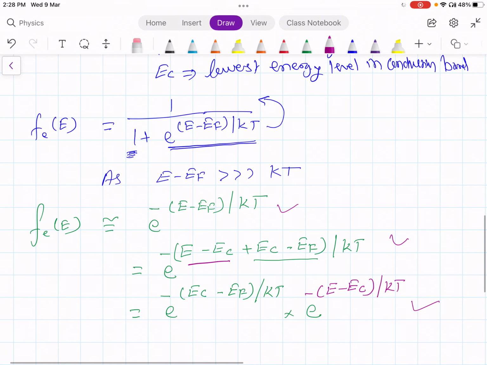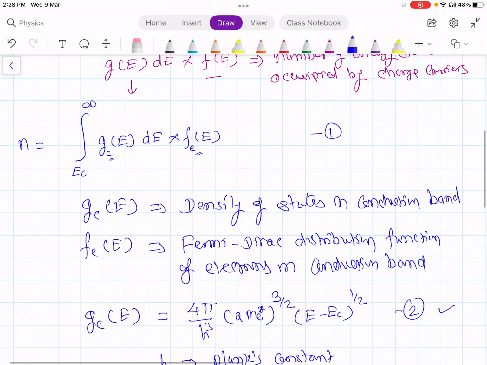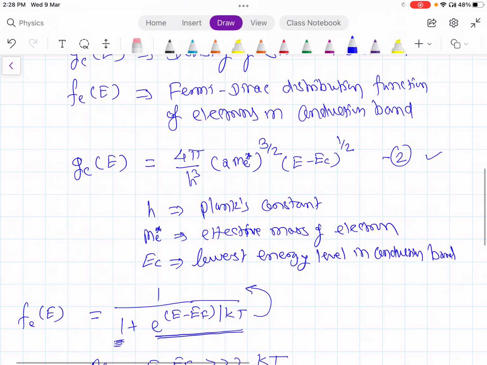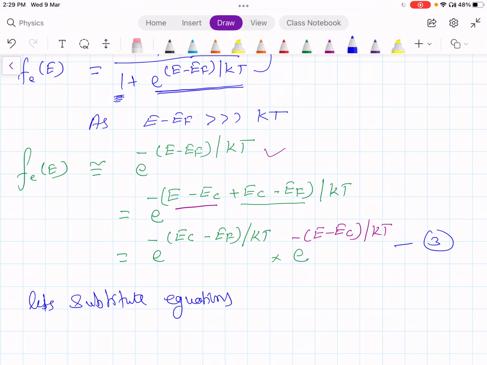And let's say this is equation 2. Not 2, this is 3. This is our equation 2 and this is equation 1. So we have three equations, 1, 2 and 3. So let's substitute equations 3 and 2 in equation 1.